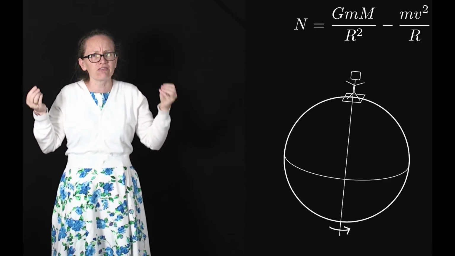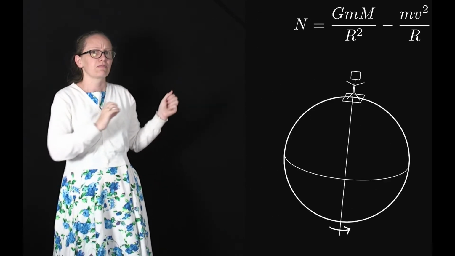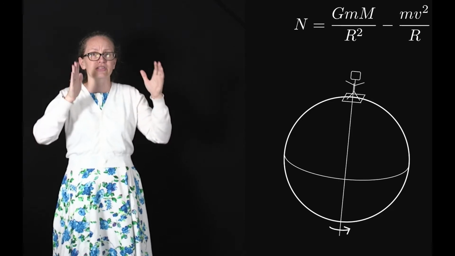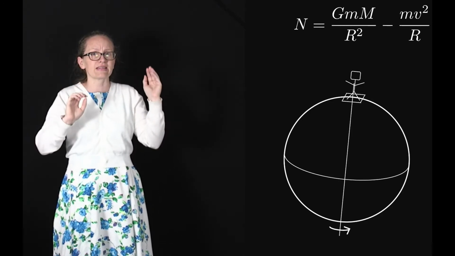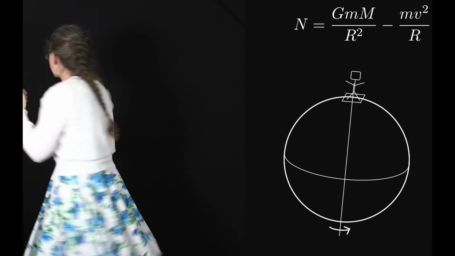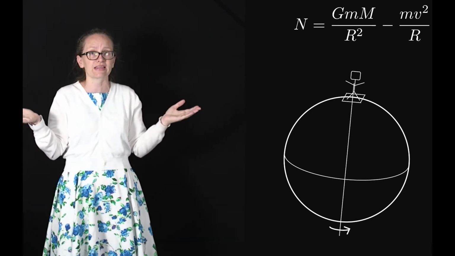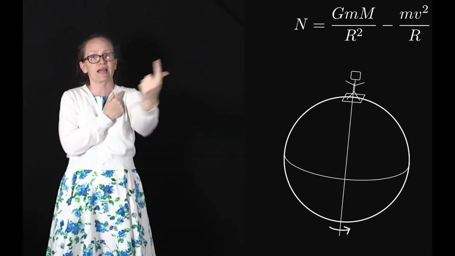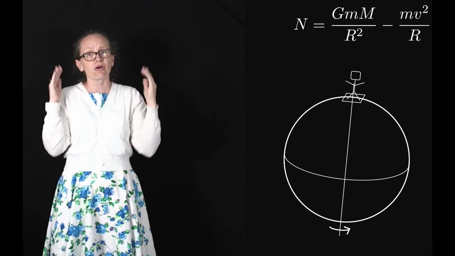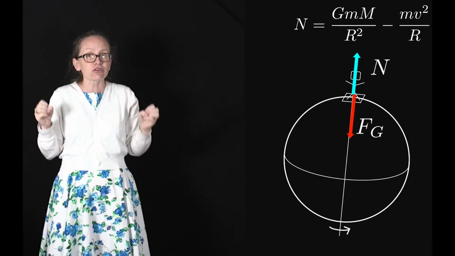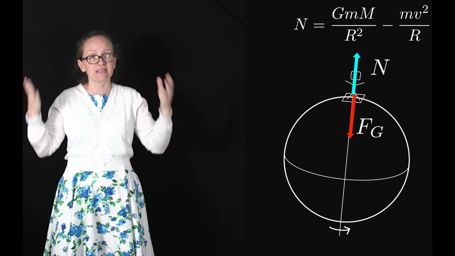Now, if instead of being at the equator, we imagine placing our person at the pole, as the Earth rotates, the person is rotating on the spot, but they're not tracing out a circular path. So in that case, the centripetal acceleration is 0.